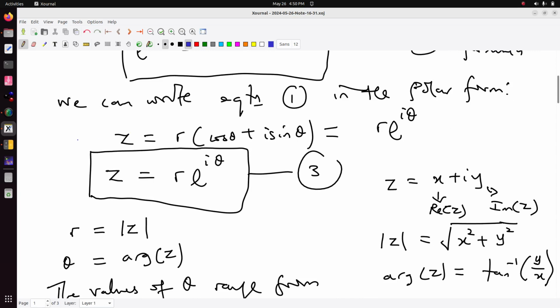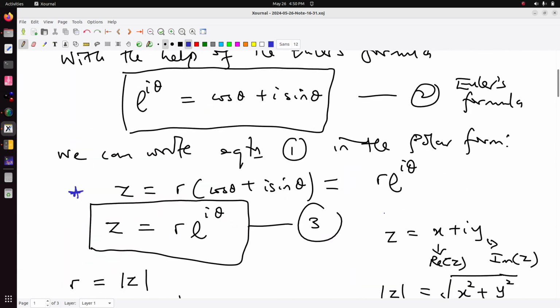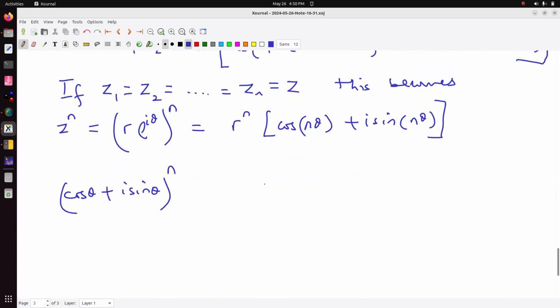Yes, so z is r cos theta plus i r sine theta, which in polar form can also be written as r exponential i theta. So this cos theta plus i sine theta raised to power n is the same as cos n theta plus i sine n theta. We call this result De Moivre's theorem.